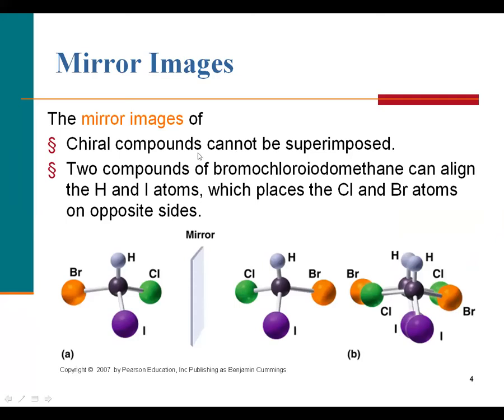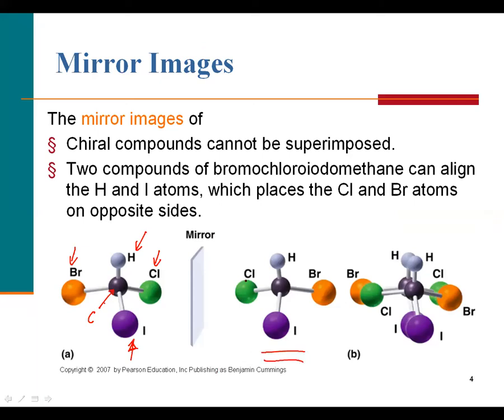So here are some chiral compounds that, again, cannot have a superimposable mirror image. The way we could look at this: the guy in the middle is a carbon. And attached to this carbon is a bromine, which is different than a chlorine, which is different than a hydrogen, and that is different than an iodine. So that carbon in the middle has 4 different groups attached to it, and that makes it a chiral carbon, which again, if you put a mirror up, this is what will be looking back at you.